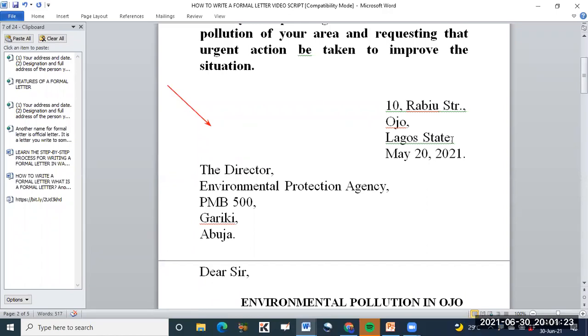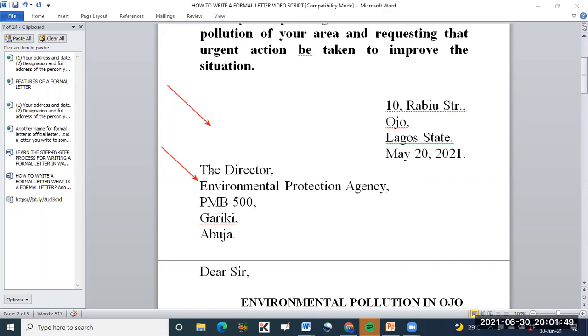Then when the address is ended, you put a full stop. Now you can see that this is the writer's full address, and the receiver's official designation and full address.